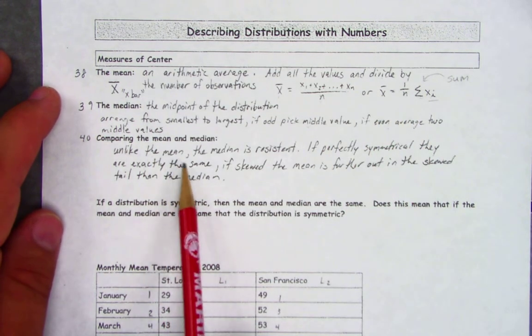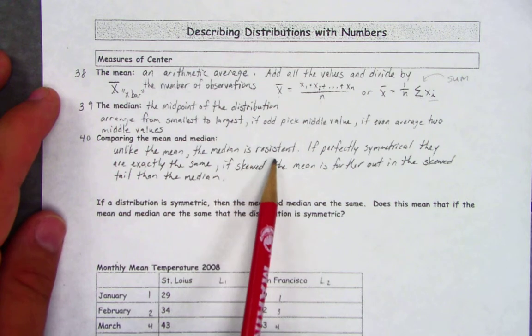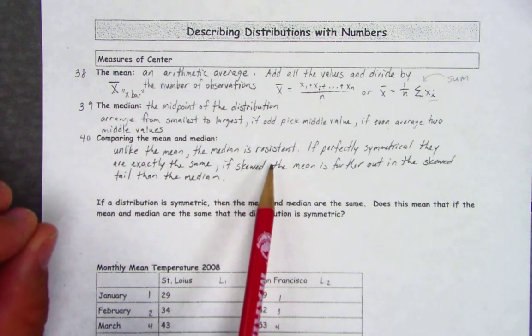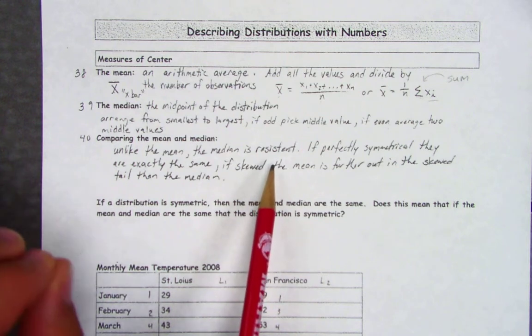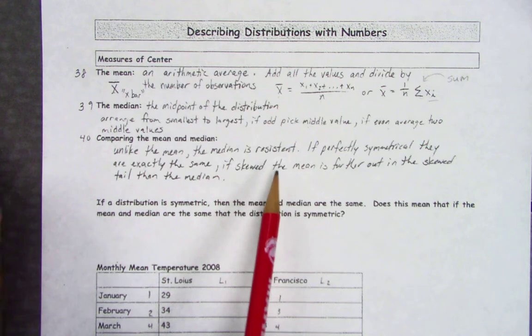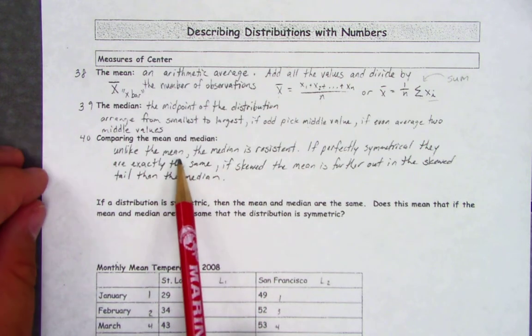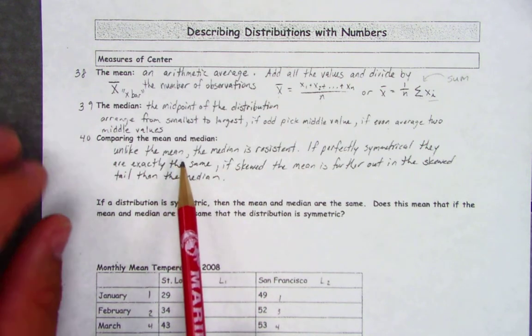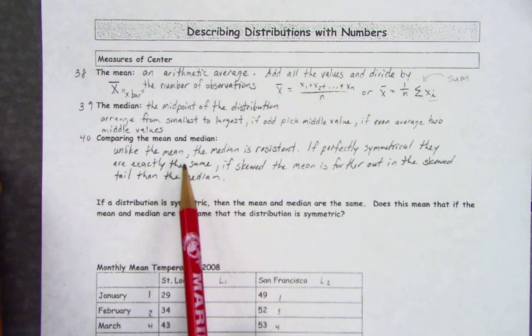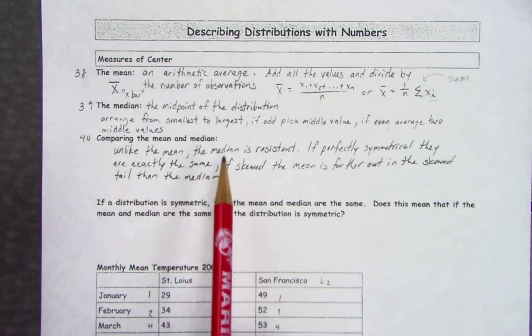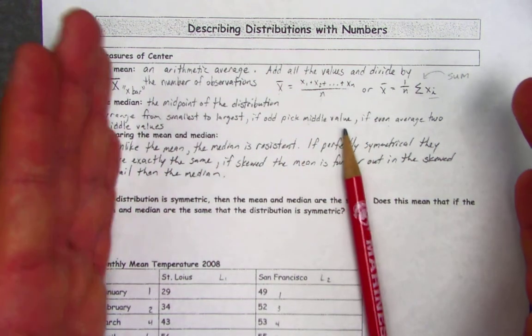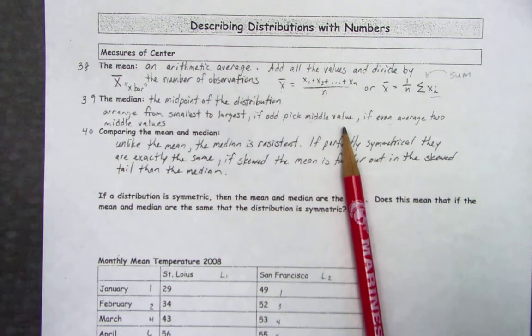Unlike the mean, the median is resistant. What that means is if you have outliers to one side or the other, so you have a super small number and then the rest are sort of close, it's going to pull the mean towards the smaller value. When you have the median, you take the smallest one and the largest one and you drop them off and you continue until you get to the middle.